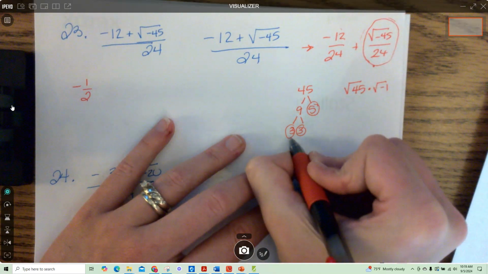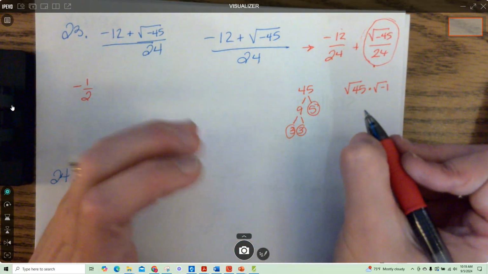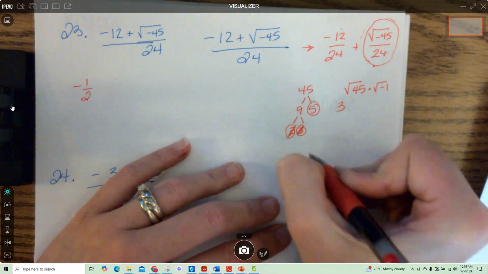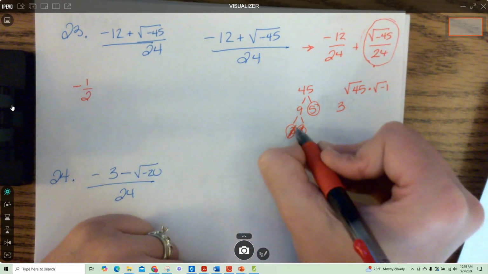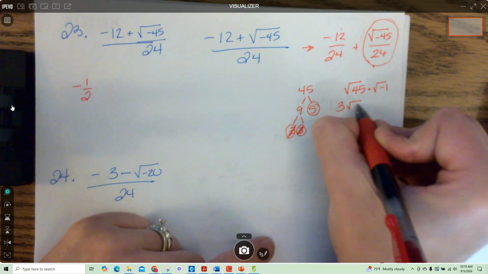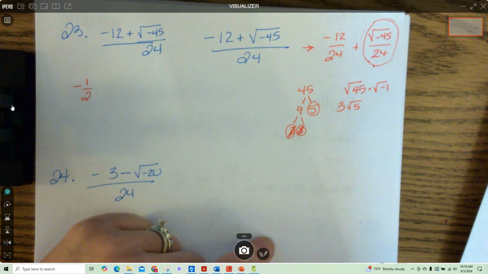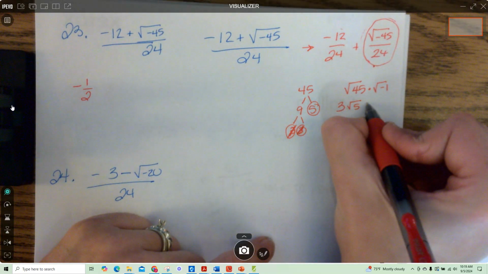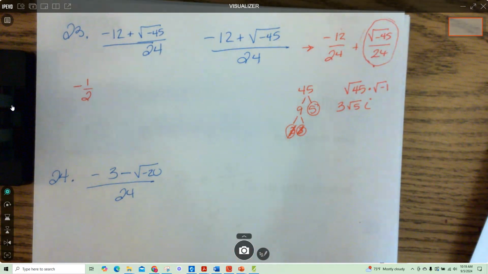So for the square root of 45, here's how I teach Algebra 1: if you find a pair, it gets to come outside the radical. You just write it once. So there's a pair of 3s, so I'm going to write one 3, and a single 5. He's got to stay underneath the radical. And then this is going to be an i. Again, this is where the cleaning up, I'm not sure. So just bear with me here.